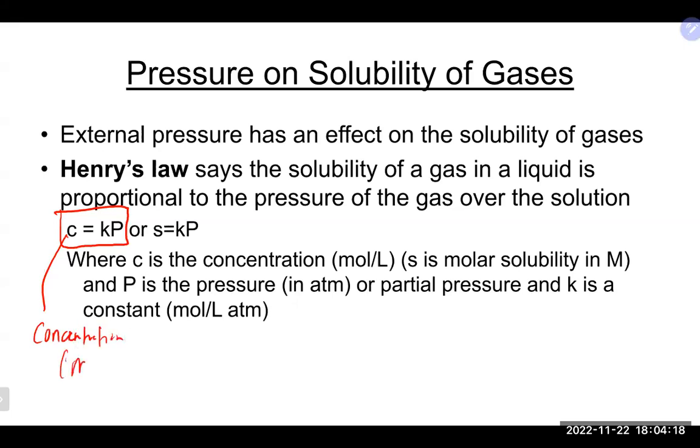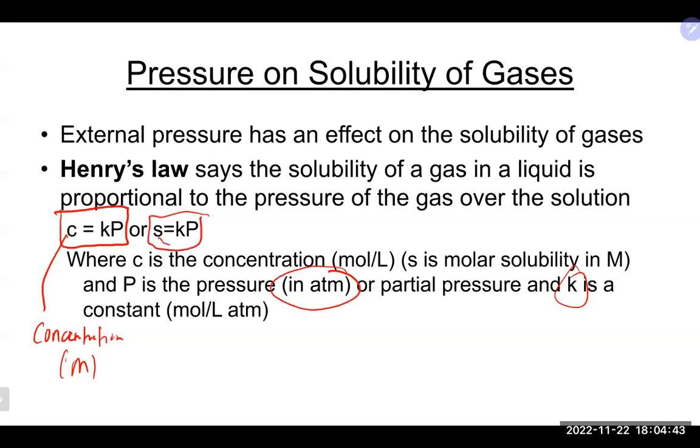Usually molarity. K is actually Henry's law constant, and it is specific for different gases. So you would look it up in a table. You know, if you're talking about CO2, you would go find the Henry's law constant for CO2. If it was some other gas, obviously you would look it up for some other gas. P is the pressure in atmospheres. This is the other version of it.